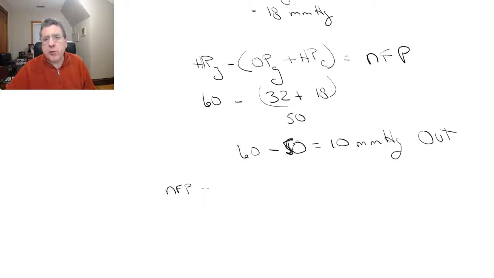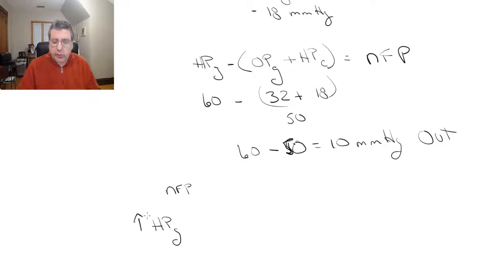And what net filtration pressure is associated with, let's go back and look at how you can affect the rate. If we're looking at what affects net filtration pressure, we said your primary factor was the hydrostatic pressure of your glomerulus.